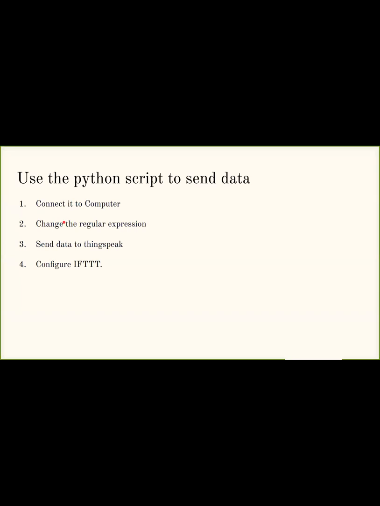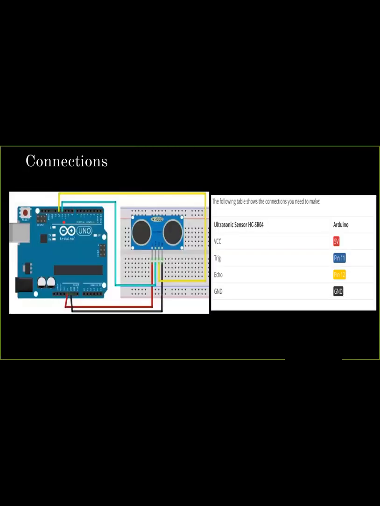Now if you want, I will just mail this program to you, and I will also share the connections with you today. You can make the connections and send them to me.